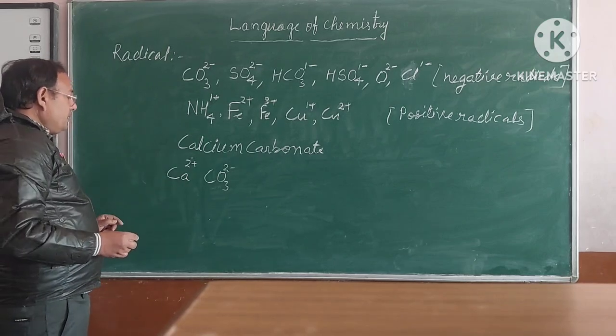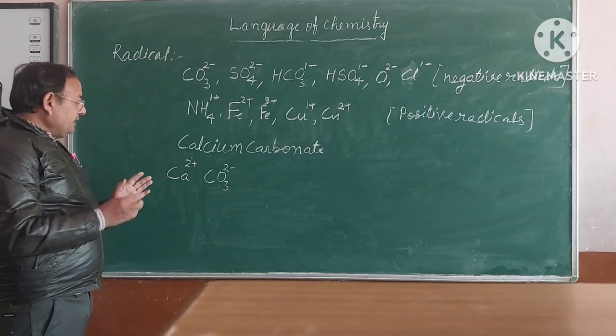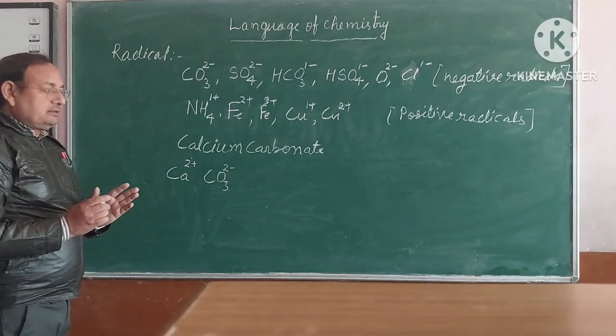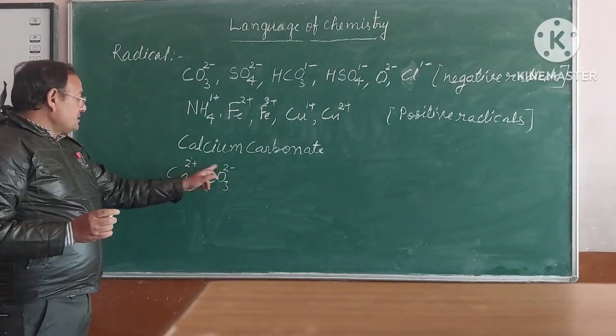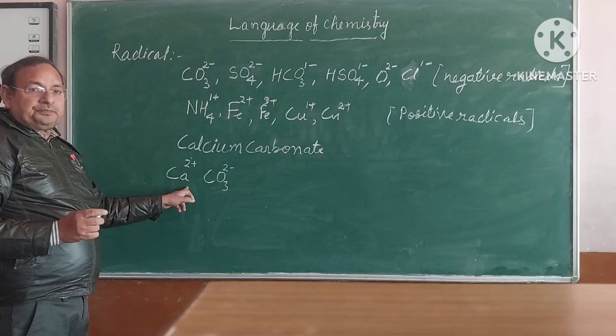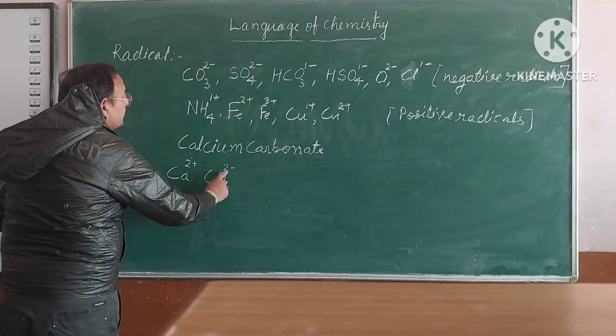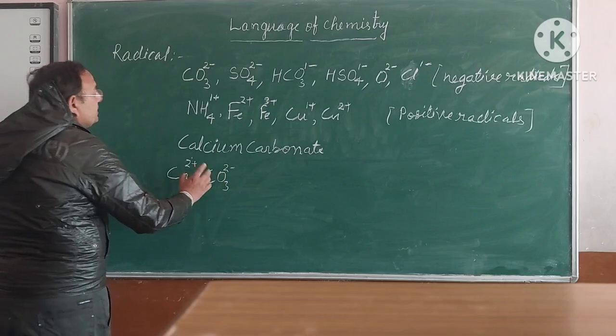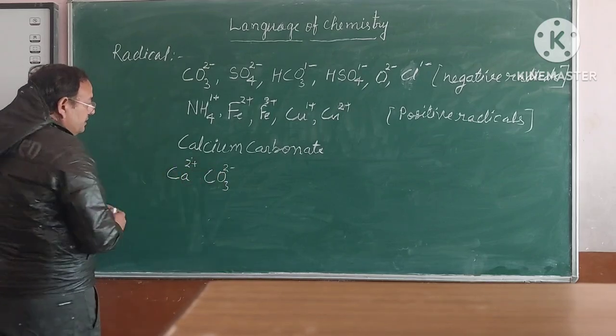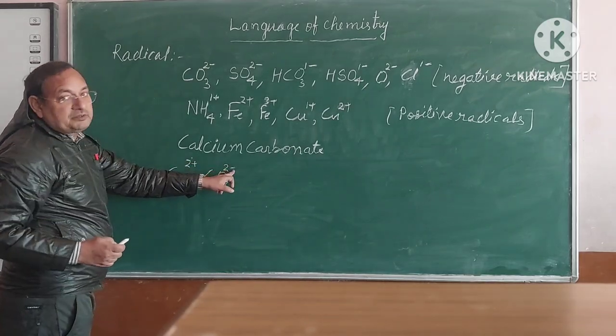Then after you will cross multiply these charges. It means the carbonate charge, balancing 2 irrespective of the charge sign.